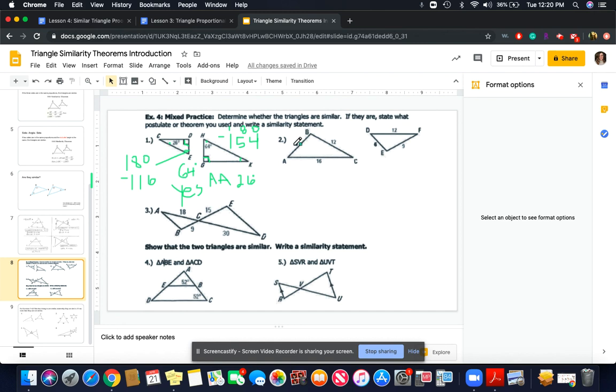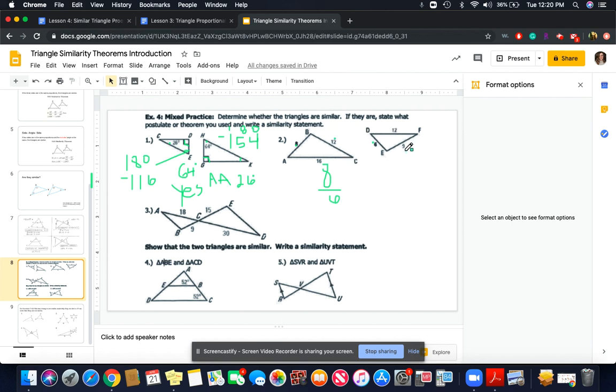Now, the scale factor for the two shortest sides is 8 to 6. So is that ratio consistent for all of the sides? Is 8 divided by 6 the same as, let's look at the medium sides in both? Well, the medium side is 12.